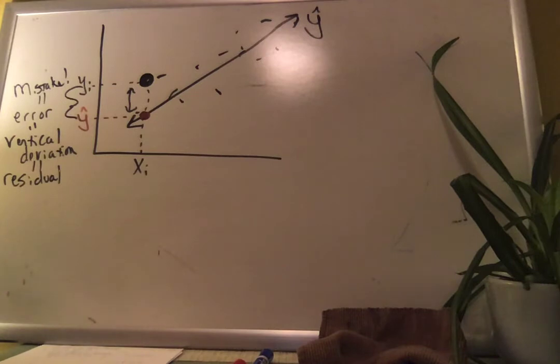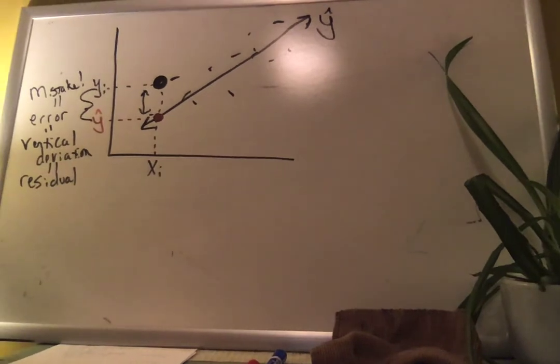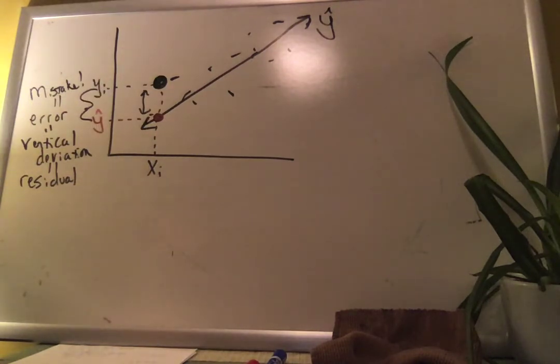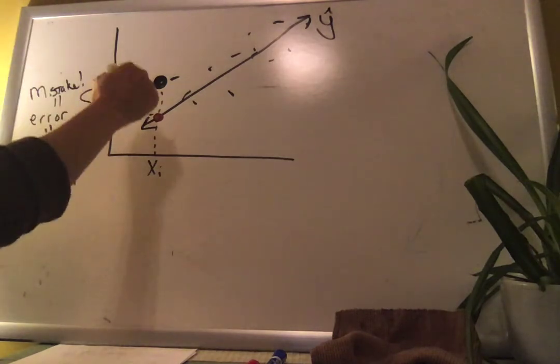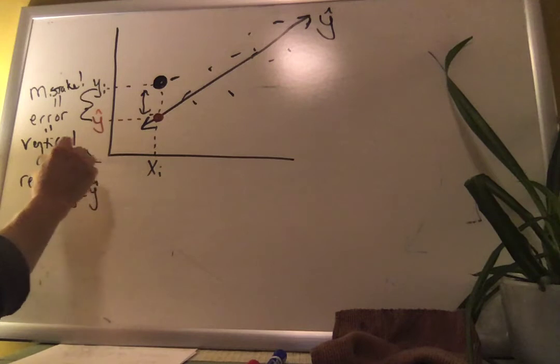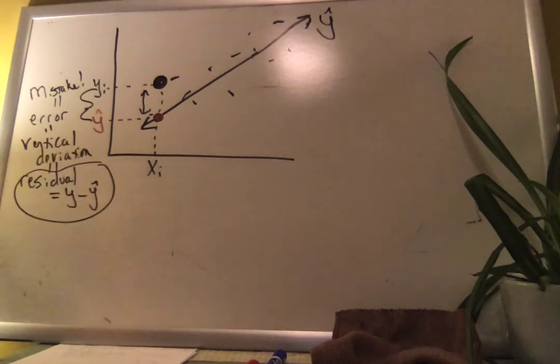So this is important. You're going to be calculating residuals on the homeworks. The residual, just visually, is how far off each data point is from the line. I've shown you in picture form, but maybe we should actually write the formula for it. The residual is y minus y hat. That distance, how far off the mark it is.